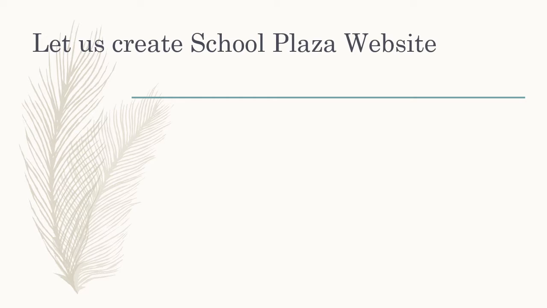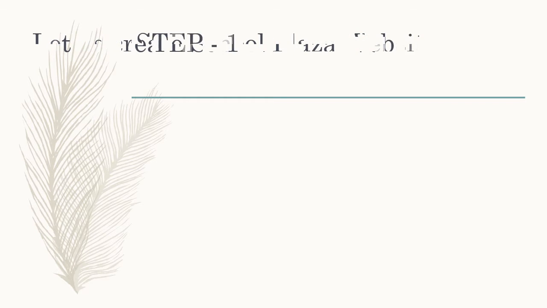Okay, so let us create the School Plaza website, and through that we will understand how to design it. Step 1. Here I will show you the step, then I will do the step practically so that it is easy to understand.